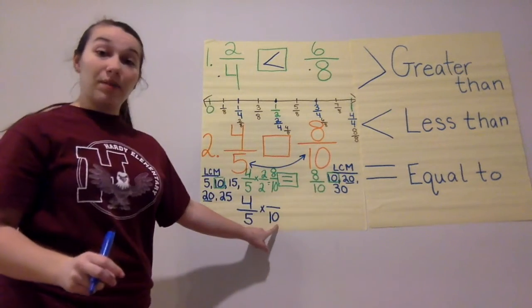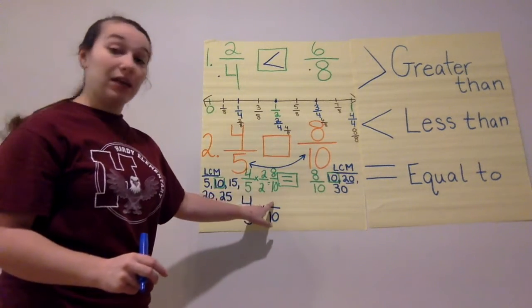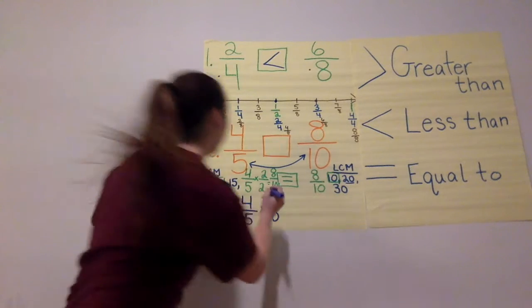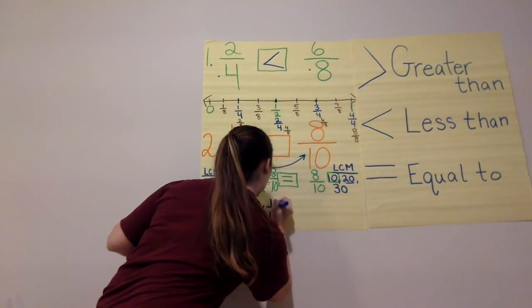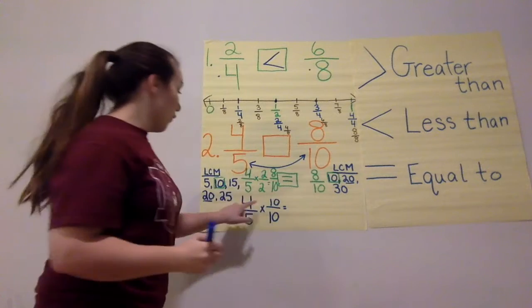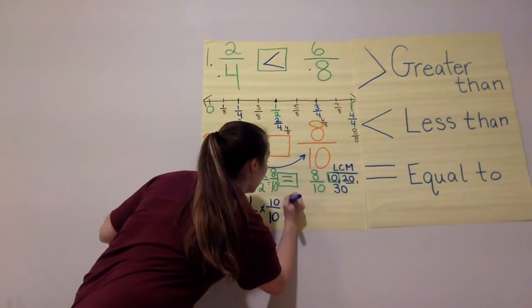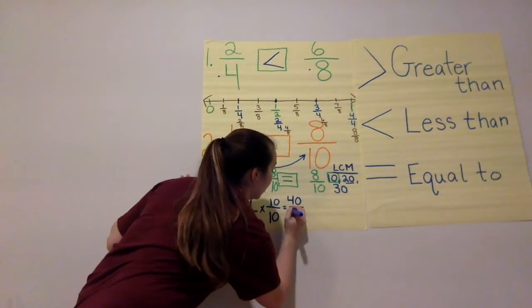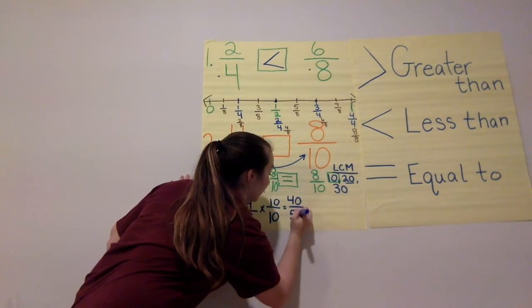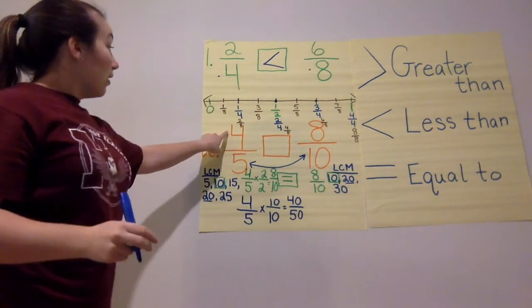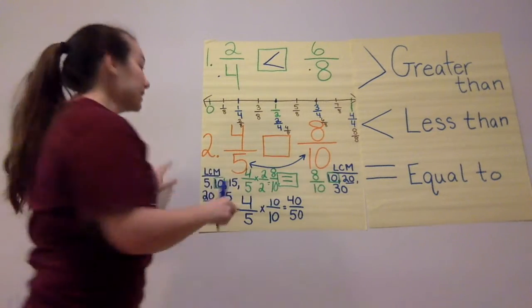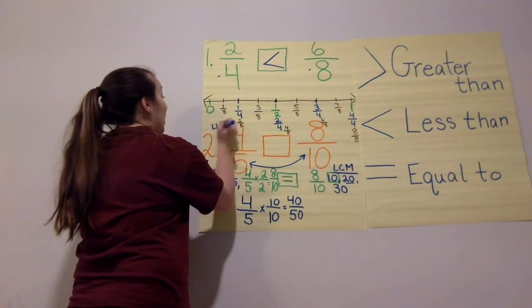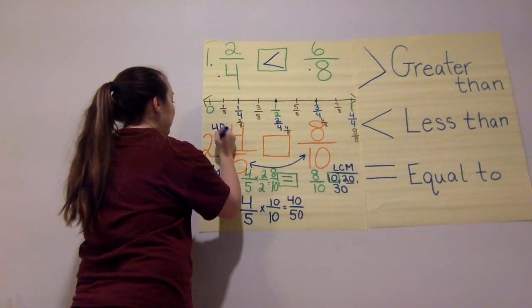And whatever I do to the bottom, I have to do to the top. And we know 4 times 10 gives us 40. And 5 times 10 gives us 50. All right, so 4 fifths is the same thing as 40 fiftieths.